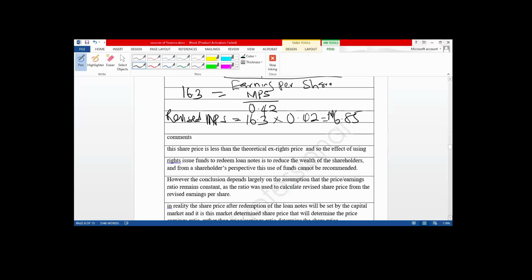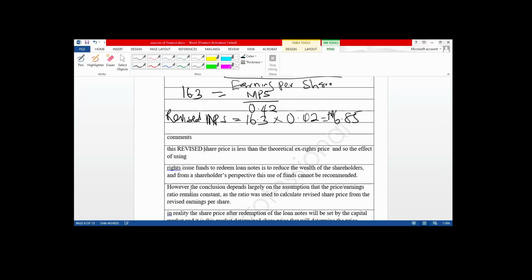The share price is less than the theoretical strike price. That is the revised share price. This revised share price is less than the theoretical strike price.